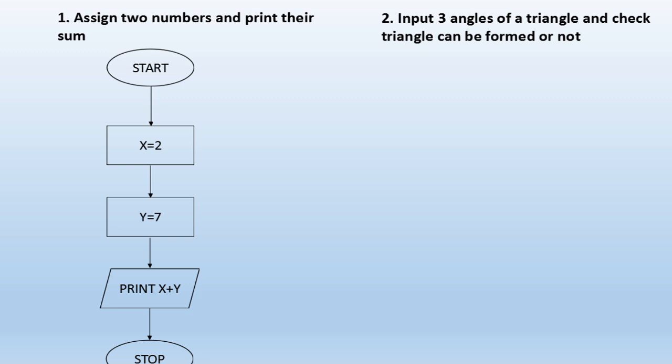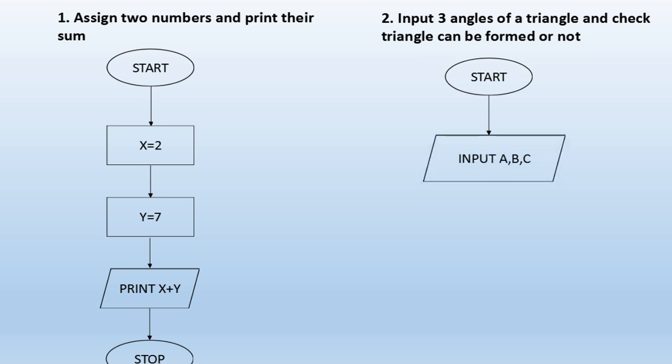Now let us do the second one. Input three angles of a triangle and check whether a triangle can be formed or not. Start again. Then input three angles. You can use three boxes separately, or you can merge them together in one box. Input A, B, C. Instead of input, you can write read, R-E-A-D. Then next you will do what?